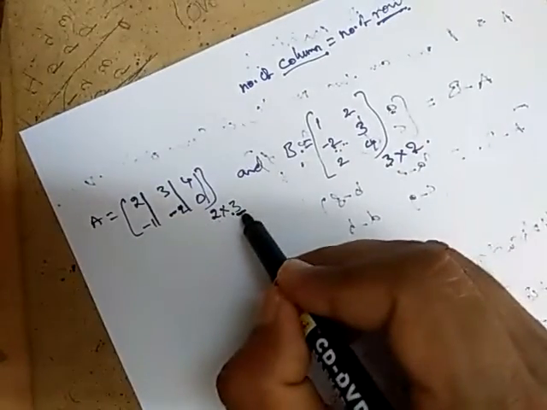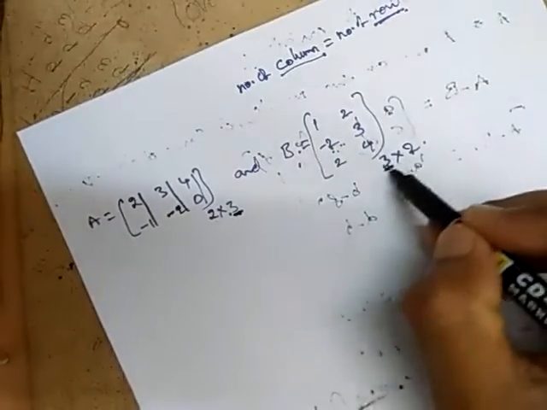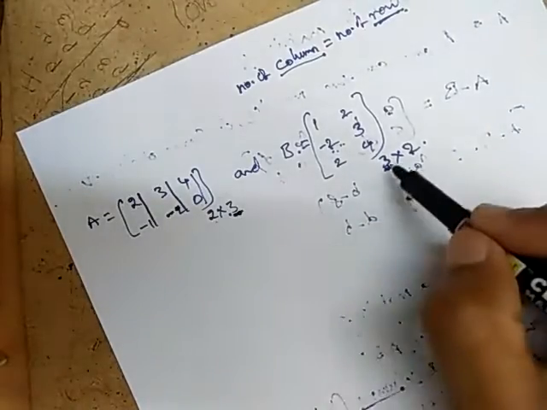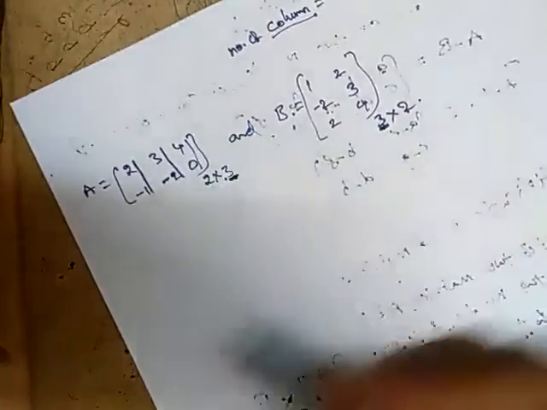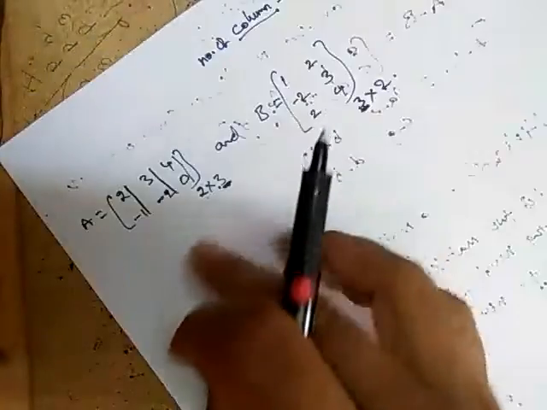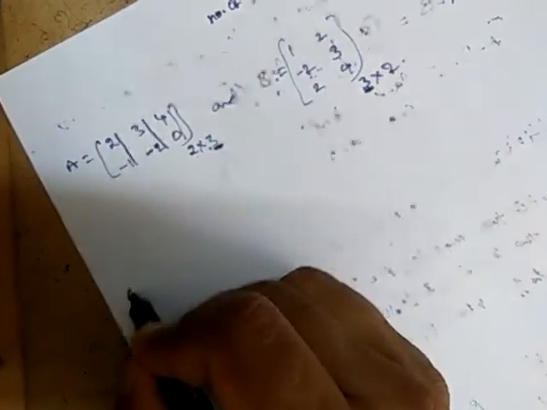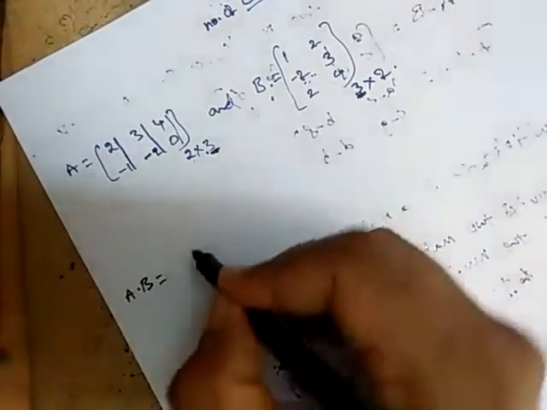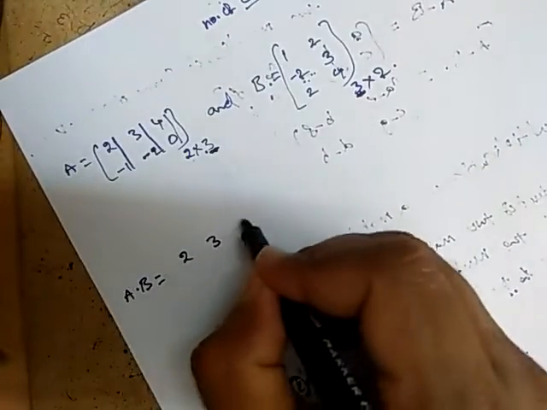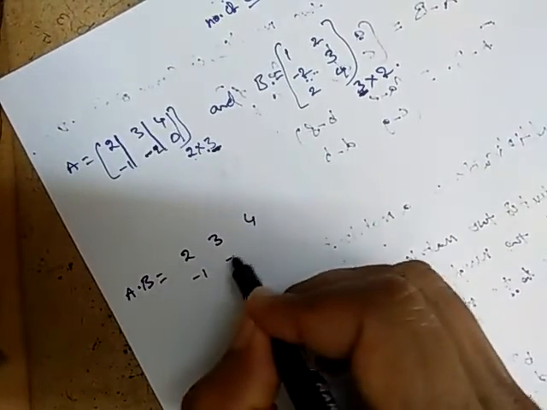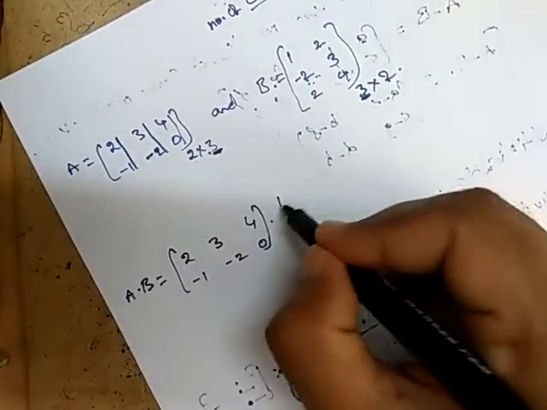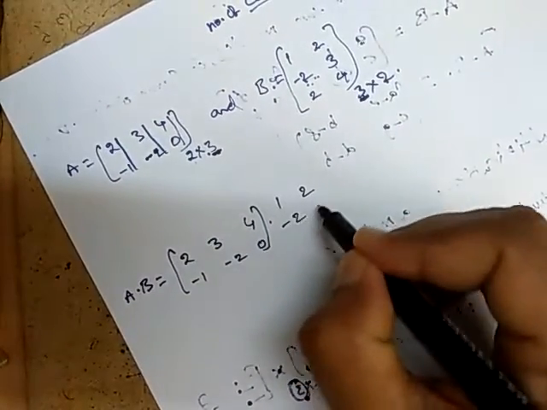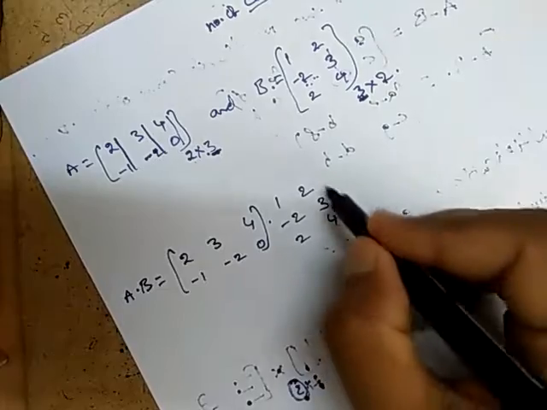The number of columns is equal to the number of rows, so matrix multiplication is possible. Then A dot B equals [2, 3, 4; minus 1, minus 2, 0] into [1, 2; minus 2, 3; 2, 4].